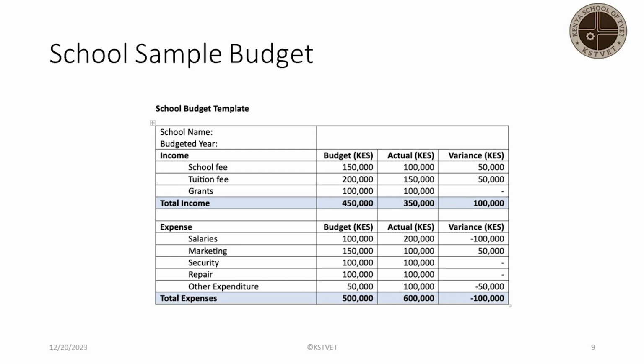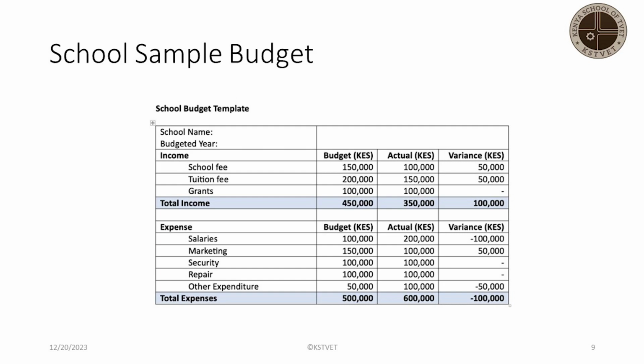Another example for income is from tuition fee, and the next column we have 200,000 Kenya shillings, and the actual is 150,000 Kenya shillings. You can see the variance is 50,000 Kenya shillings. Then there is also the total. That is a very simple arithmetic after you have considered the income from the three sources.